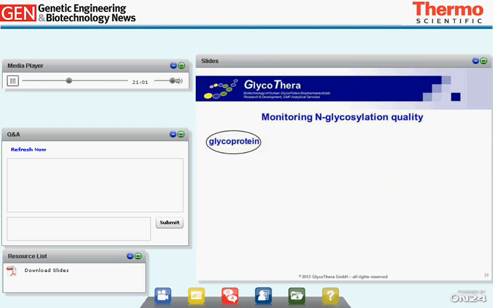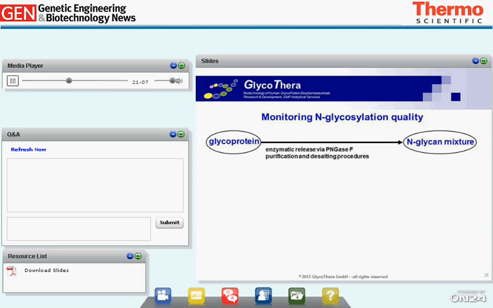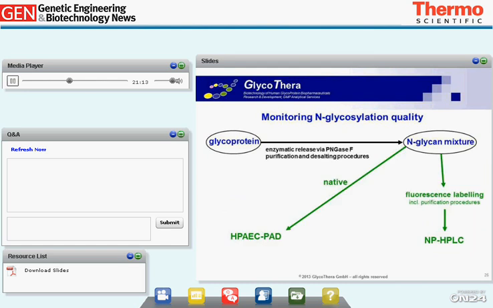Routine N-glycan analysis will be performed according to the following simplified workflow. N-glycans were enzymatically released from the glycoprotein by PNGase F, followed by purification steps. For N-glycan analysis, we are using two different chromatographic techniques, HPAE-PAD of native N-glycans and normal phase HPLC of fluorescence-labeled N-glycans.